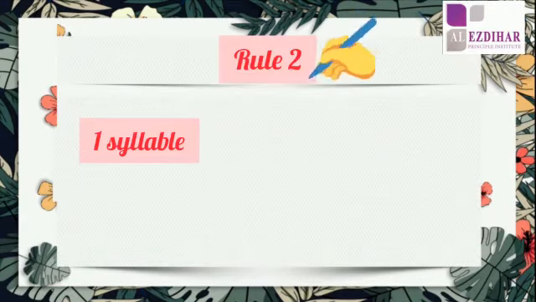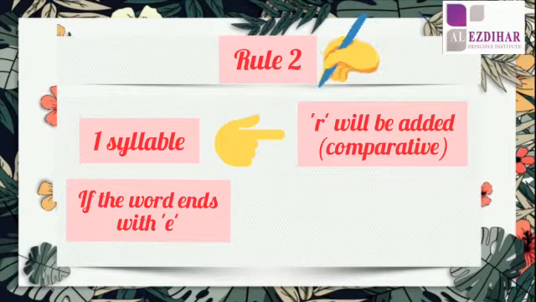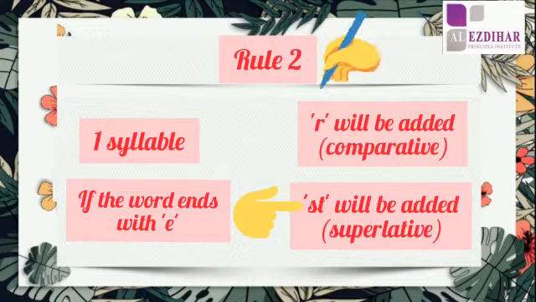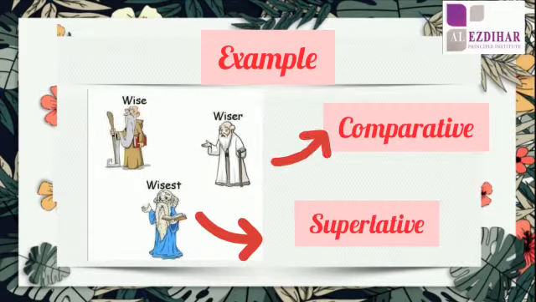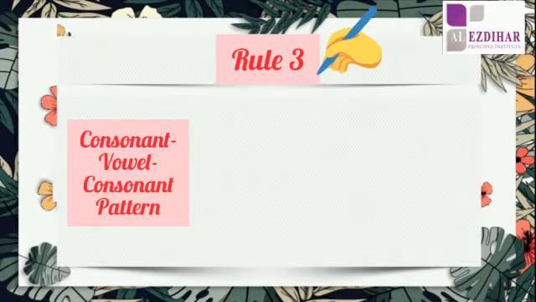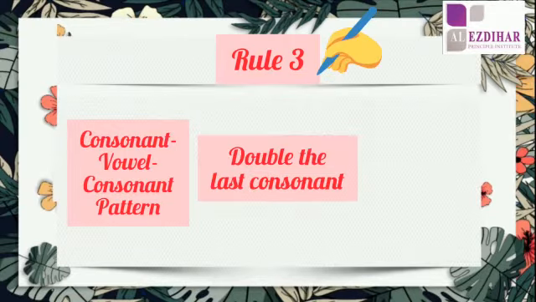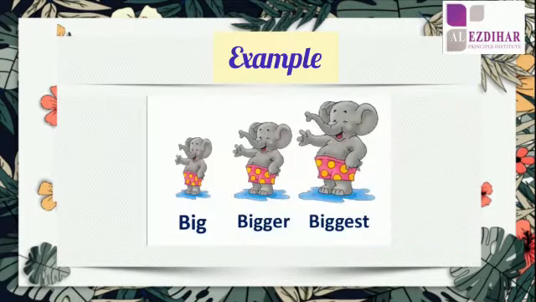For one-syllable adjective, if the word ends with E, then only R will be added for comparative and ST for the superlative form. Example: wise, wiser, the wisest. If the adjective follows the pattern of consonant, vowel, consonant, double the consonant before adding ER for comparative and EST for superlative form to the end of the word. Example: big, bigger, the biggest, fat, fatter, the fattest.